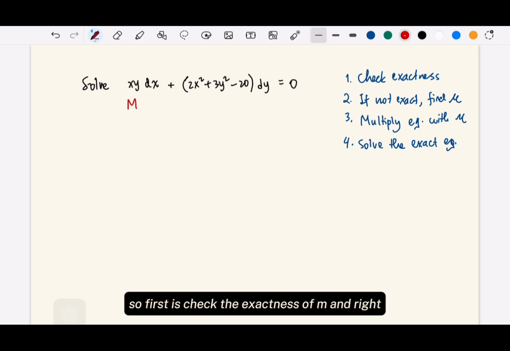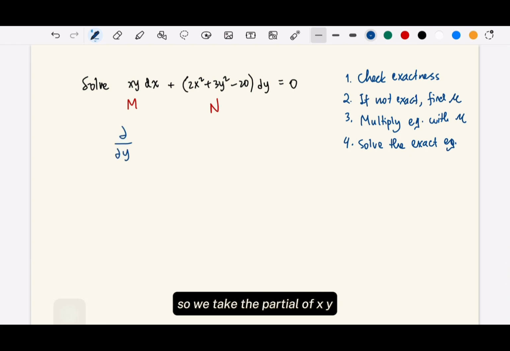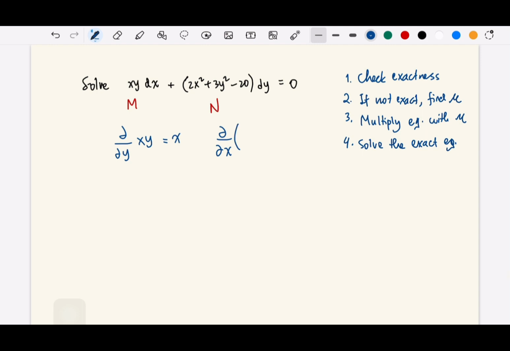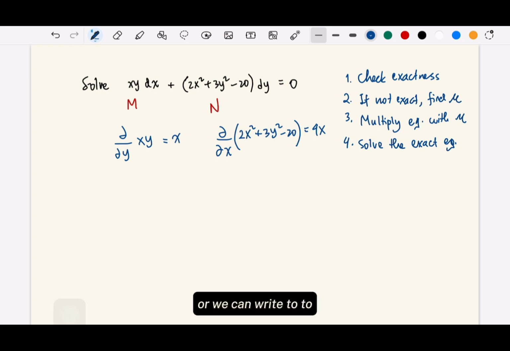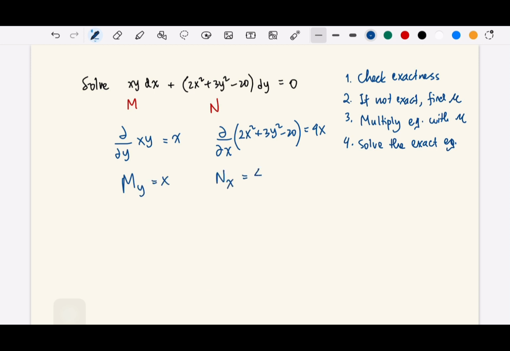So M, N, right? So we take the partial of M with respect to y, and then partial of N with respect to x. Or we can write, to make sure that this is the same as we mentioned before, M_y and N_x.